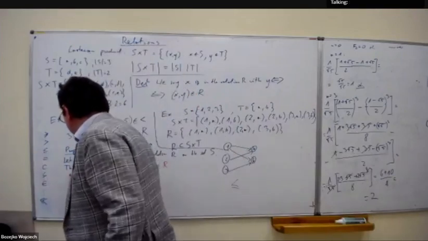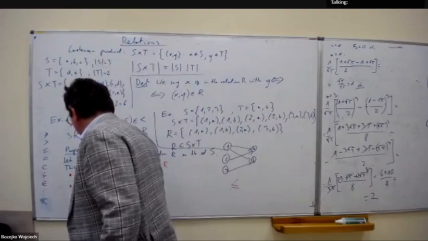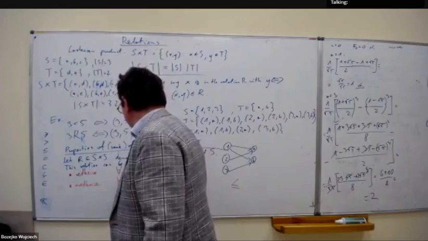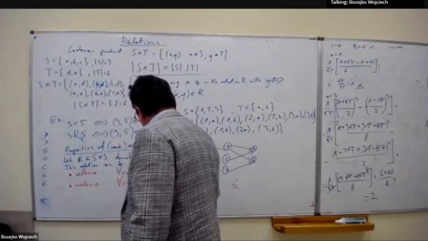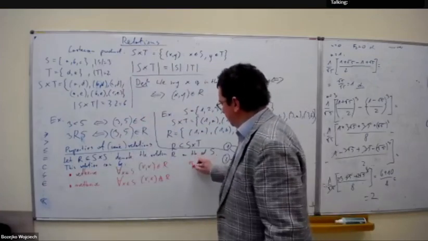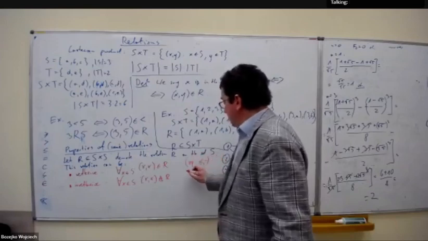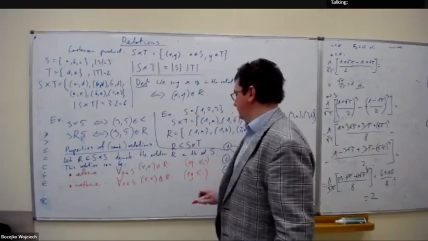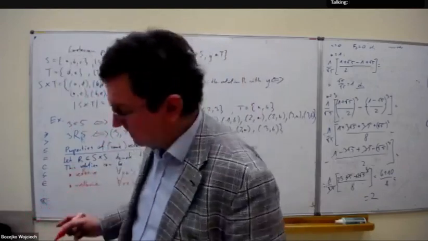Irreflexive means that for all elements of S, the pair XX doesn't belong to the relation. An example is being smaller. 5 is not smaller than 5, so this is an irreflexive relation.